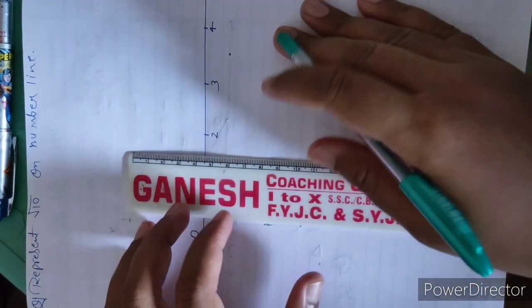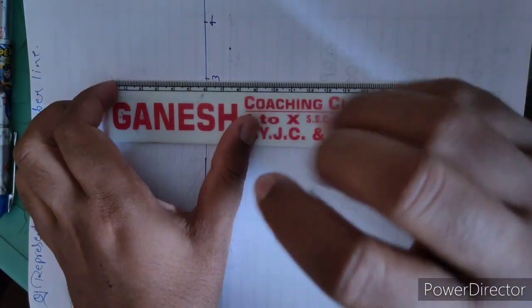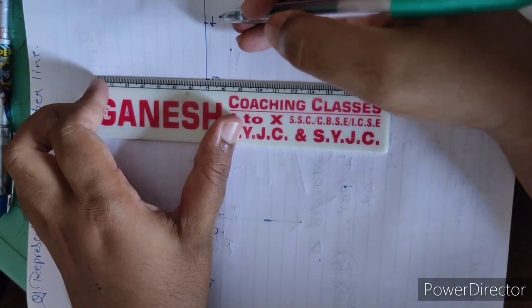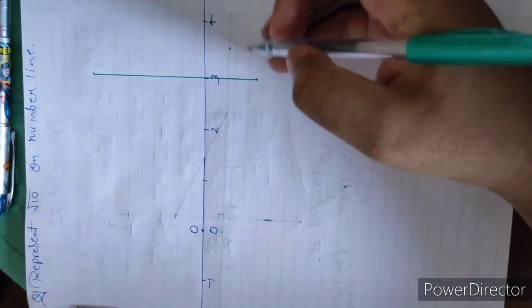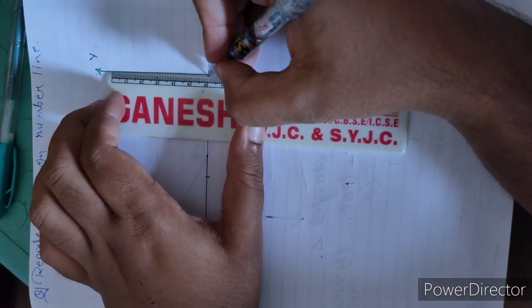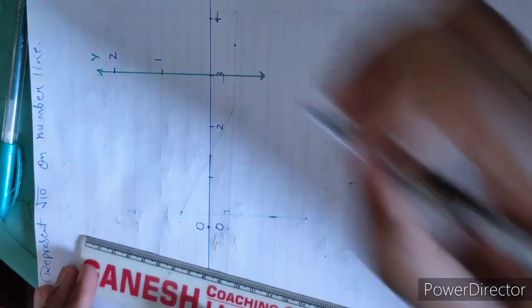So let's draw the y-axis from the coordinate 3 on the x-axis. Here we will make a perpendicular line from coordinate 3 present on the x-axis, and we will denote 2 points here, that is 1 and 2.